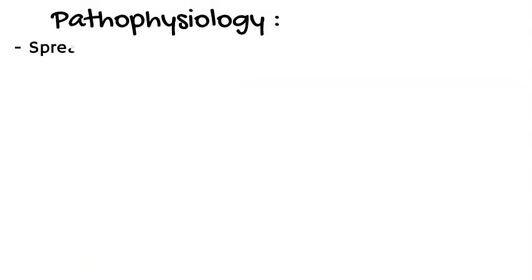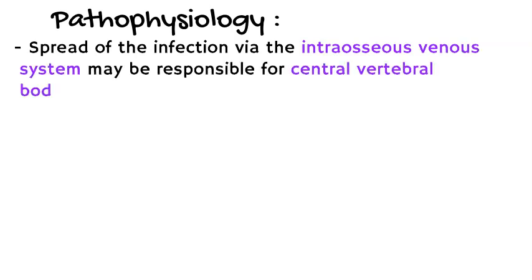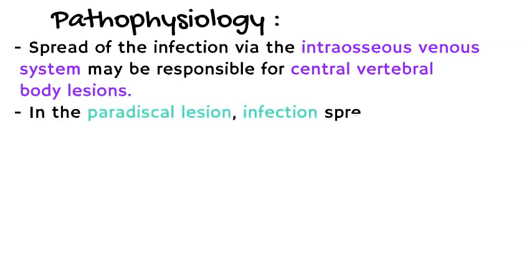The spread of infection via the intraosseous venous system may be responsible for central vertebral body lesion. In the paradiscal lesion, infection spreads through the arterial plexus.